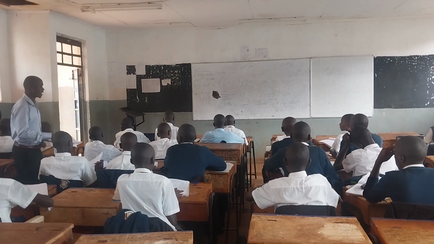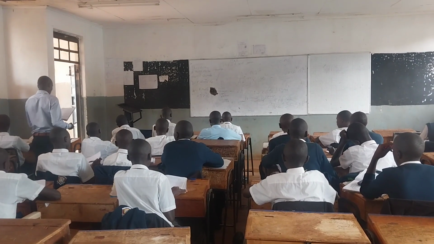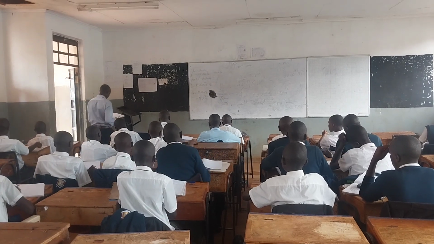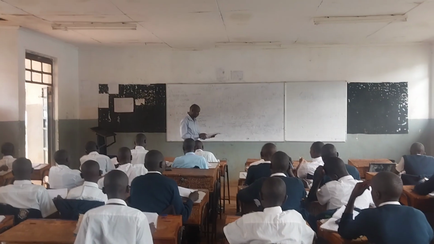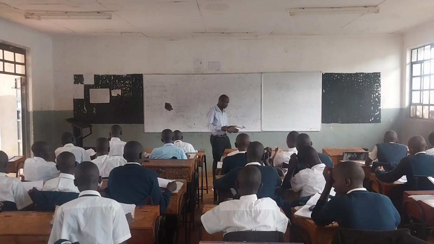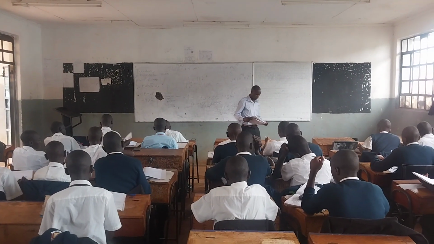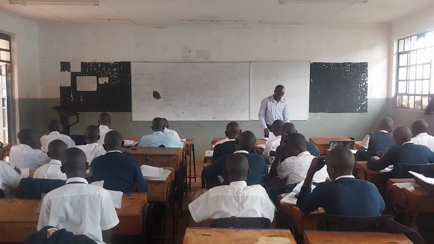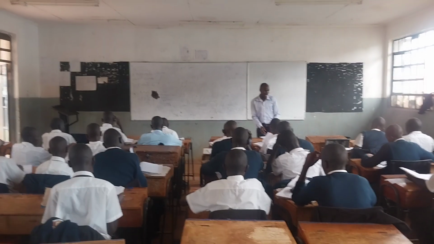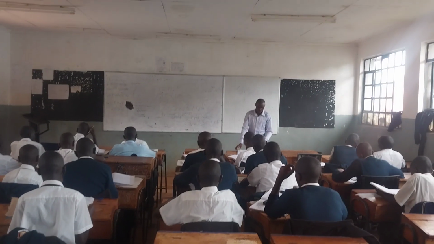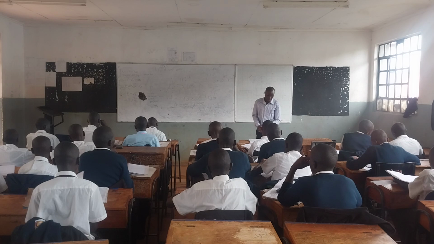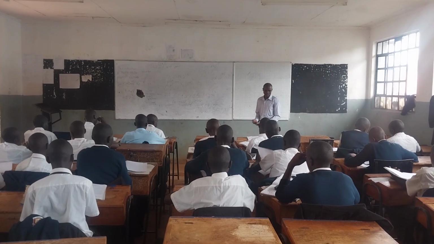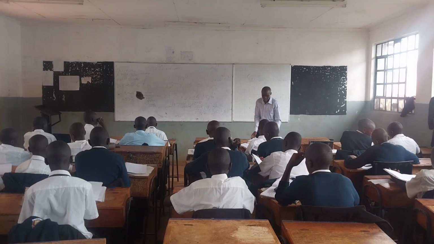What is the use of a vernier caliper? It is used to measure either length or diameter of something. Now we go to our zero errors, and positive and negative zero errors of the vernier caliper.